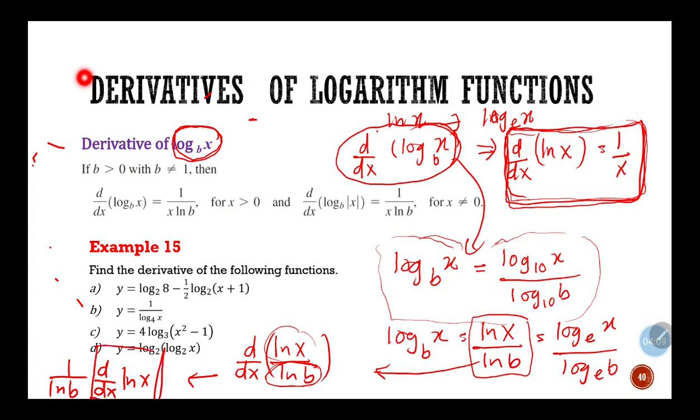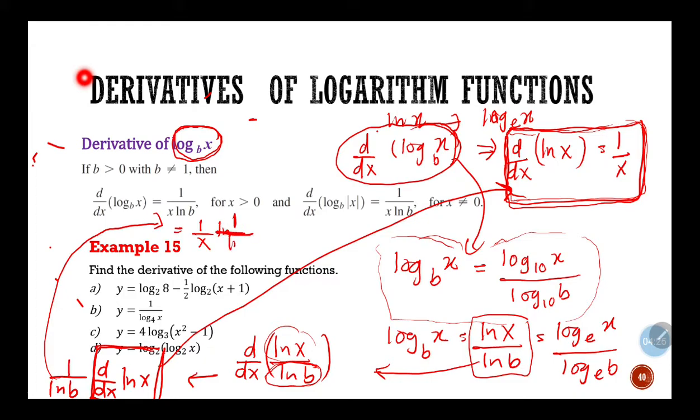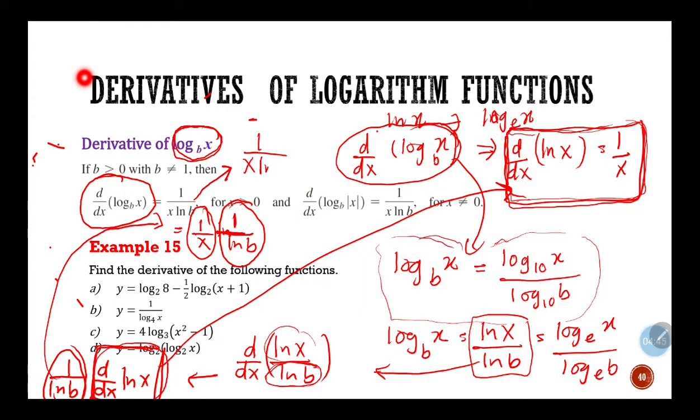We know d/dx of ln x equals 1 over x. So that's why here we get 1 over x times 1 over ln b. Do you understand? Because d/dx of ln x is 1 over x and multiplied by 1 over ln b. So that is how we get d/dx of log x base b equals 1 over x ln b. Hopefully you understand what I mean here.